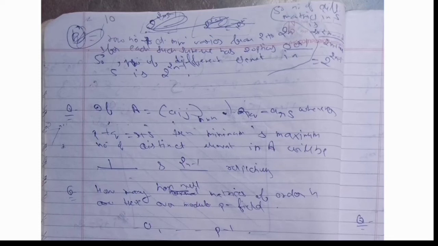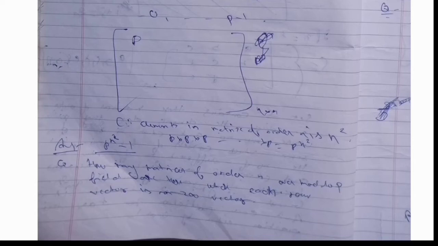Now I'm going to tell you about another question. How many non-null matrices of order n are there over the modulo p field? The modulo p field has elements 0 to p minus 1, so we have p elements. But what condition do we have? Non-null. The matrix should be non-null. So how many positions do we have in an n cross n matrix? n square.